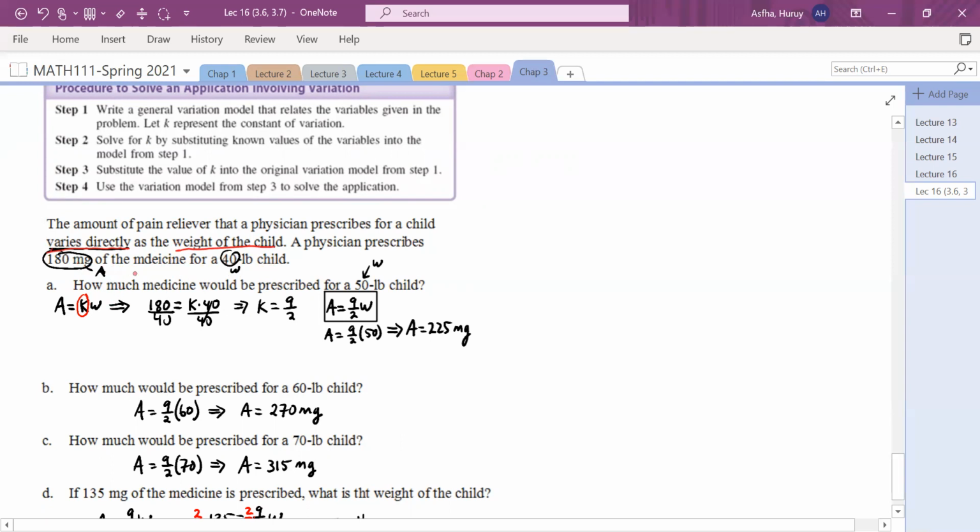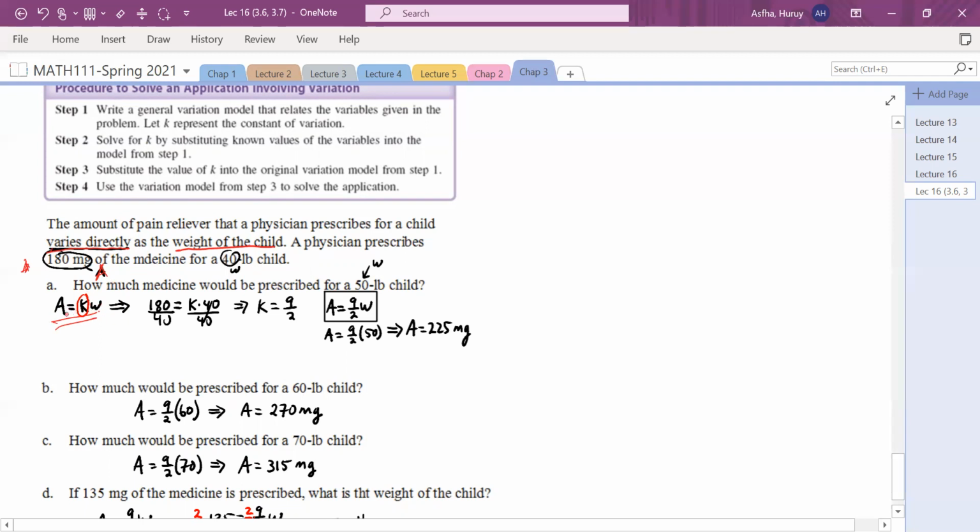The first thing to do is we need to write the expression. If we write this one as A, just a variable, and this is W, since they vary directly, we write A equals k times W. So this is the first thing that we do. We write this in mathematical form, and then we solve for k.